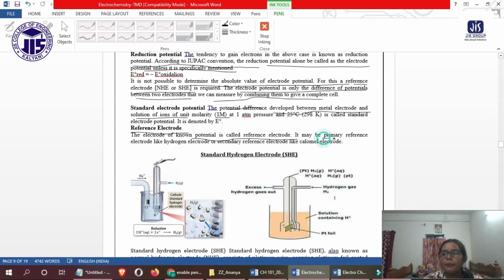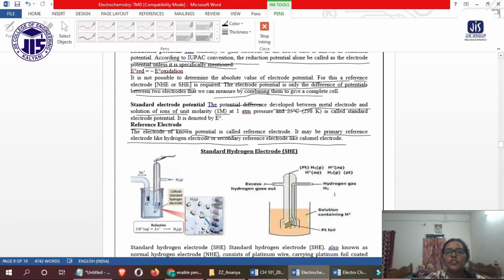It may be a primary reference electrode like the hydrogen electrode, or a secondary reference electrode like the calomel electrode. So there are two types of reference electrode: one is primary reference, one is secondary reference.